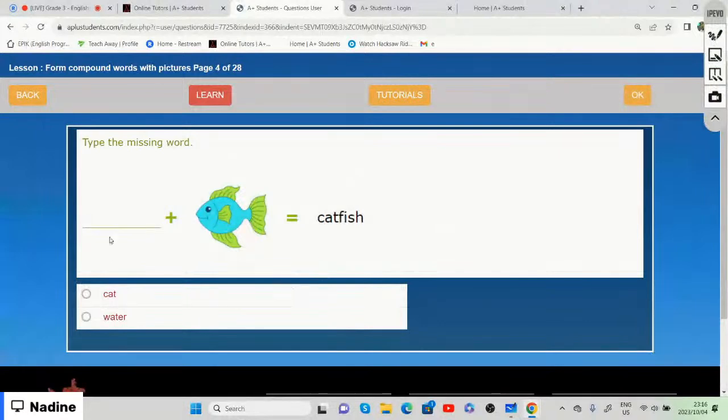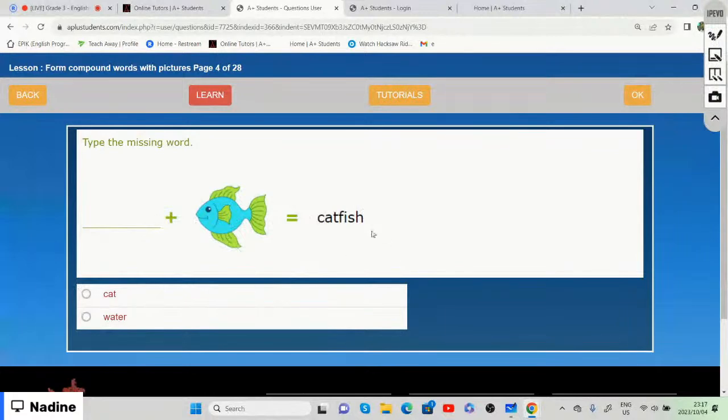All right, we have what plus fish equals catfish. Is it cat plus fish equals catfish, or water plus fish equals catfish?